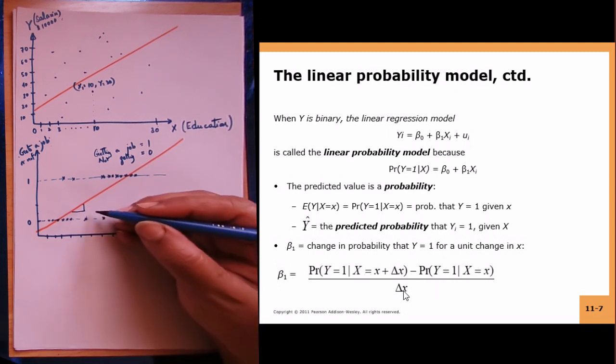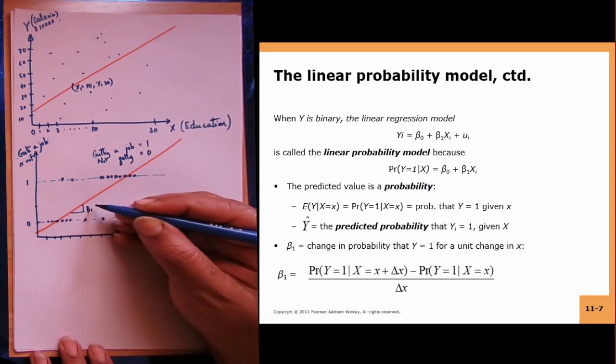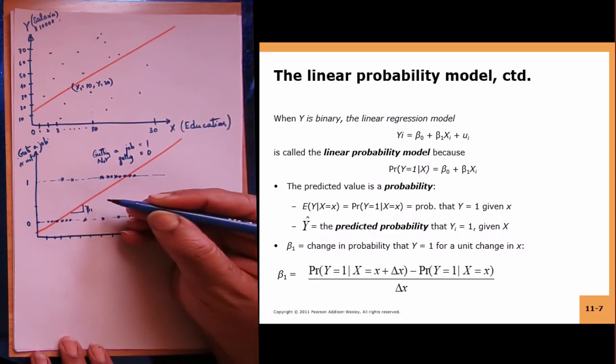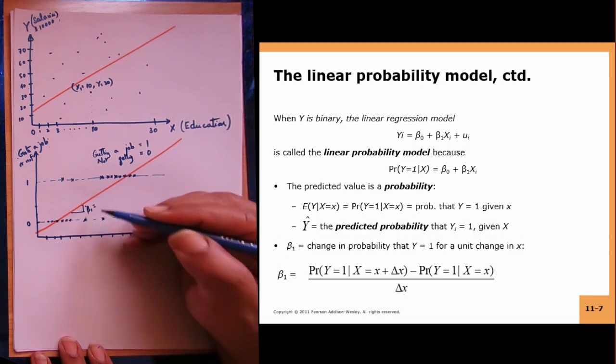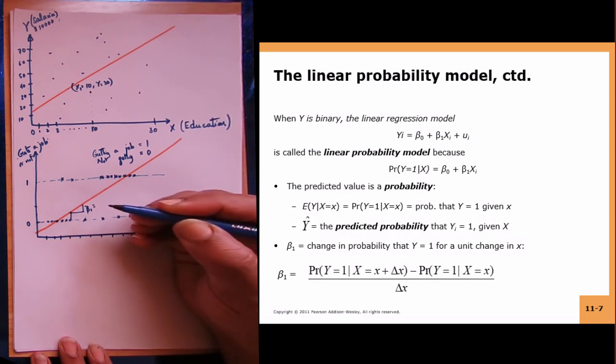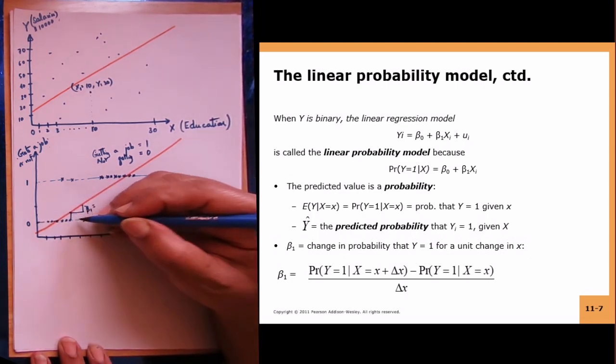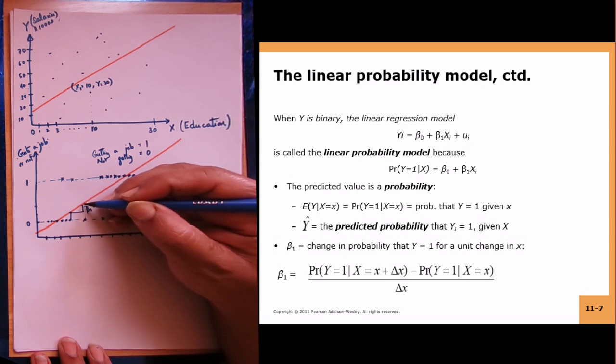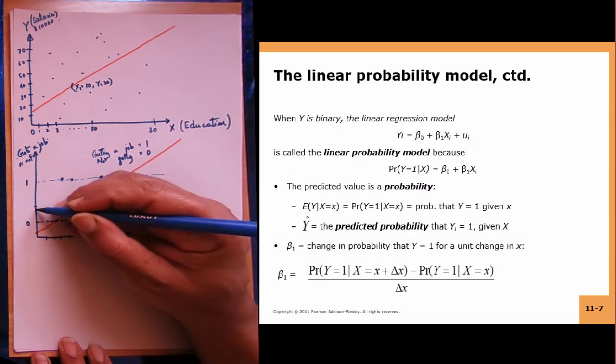So now this beta 1, which is the slope, beta 1 hat, is equal to the change in the probability. So for this level of education, this was your probability of getting a job. And if you increase your education by a little bit, this is your probability of getting a job.